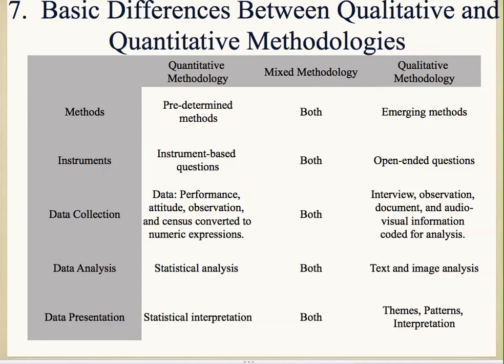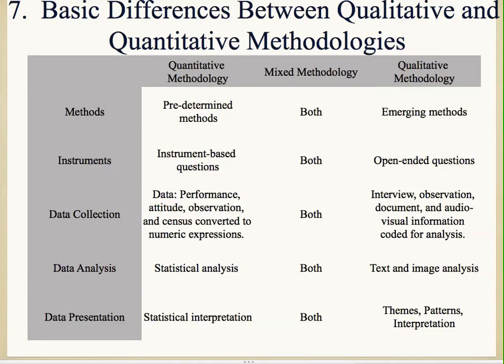A quant person will decide in advance that they have a survey that they want to give, or an instrument they're going to use, or a test that they're going to give, and that frames their investigation. The qualitative person uses open-ended questions. We want as much information as we can from a lot of sources, a lot of interviews and observations and documents that we're going to be taking a look at.